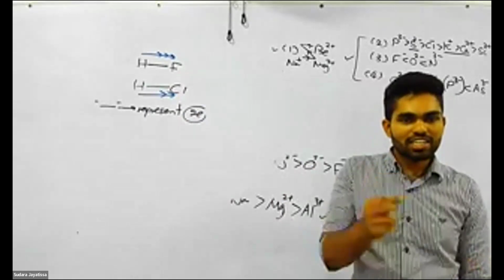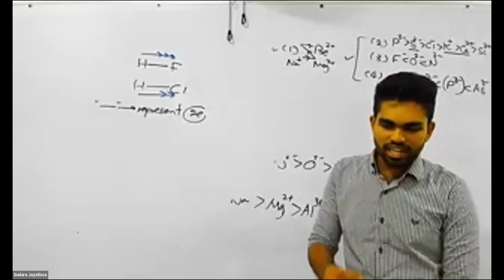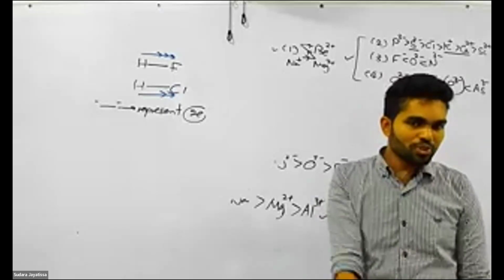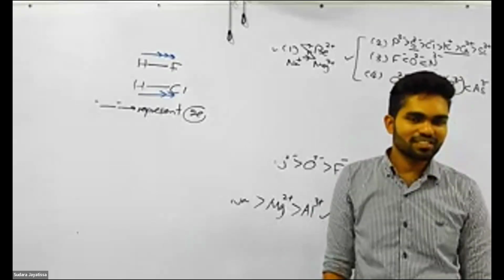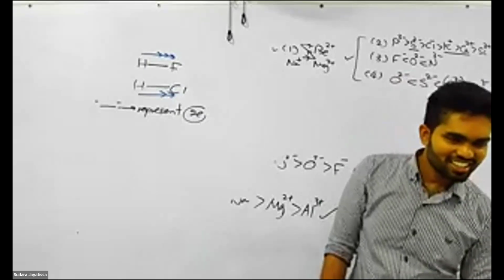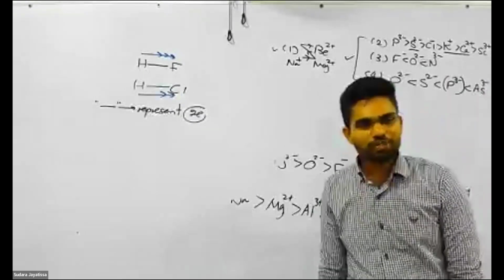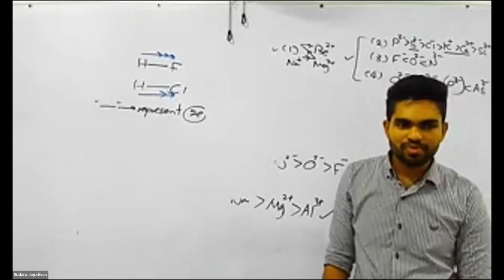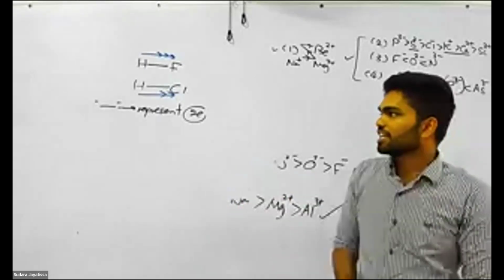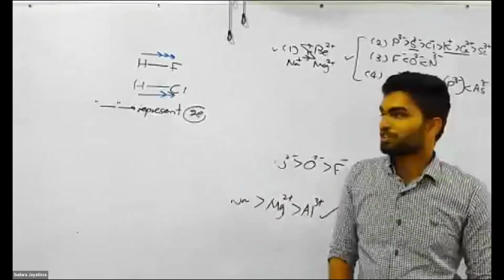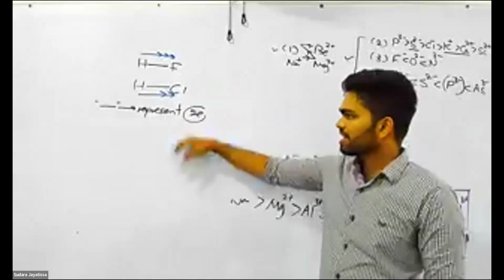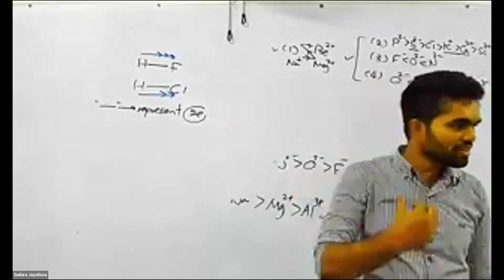What is happening to the nuclear attraction down the group? It decreases. Why? Because of the effect of radius. As the radius increases, nuclear attraction decreases. So fluorine, chlorine, bromine, iodine: attraction decreases, so electronegativity decreases.